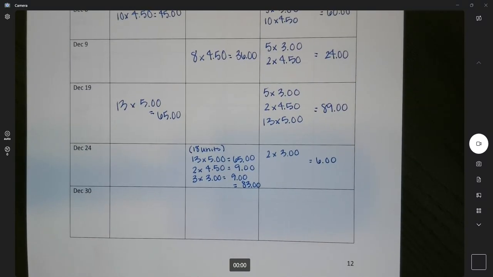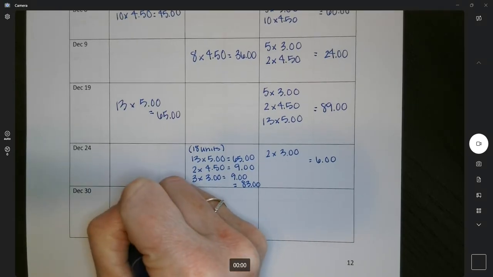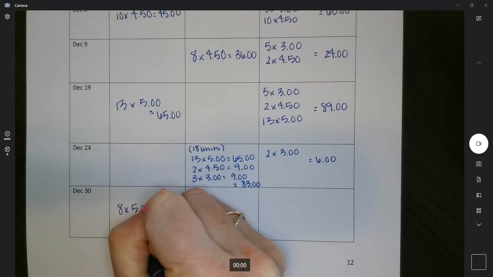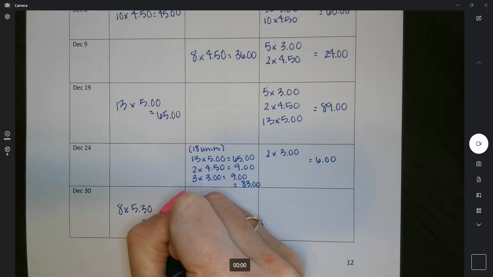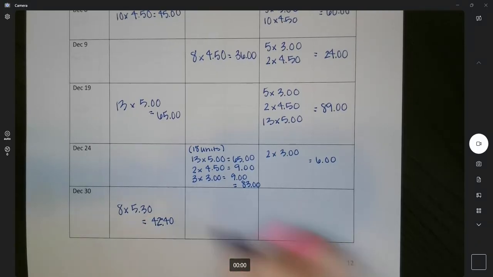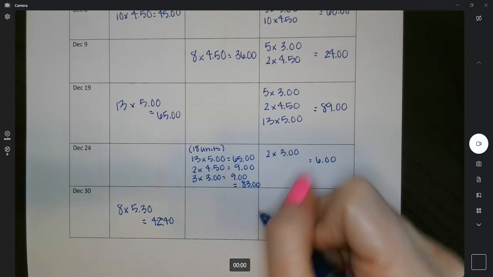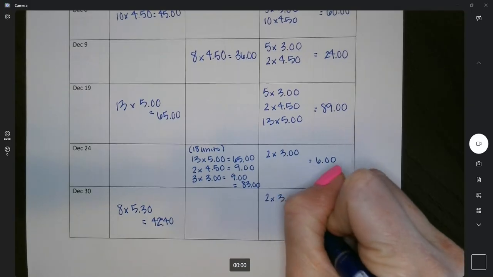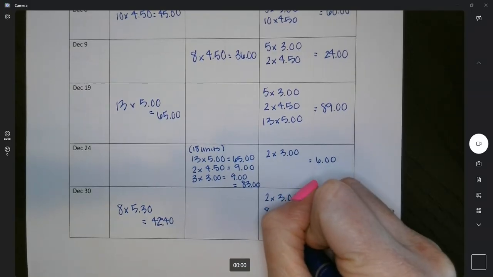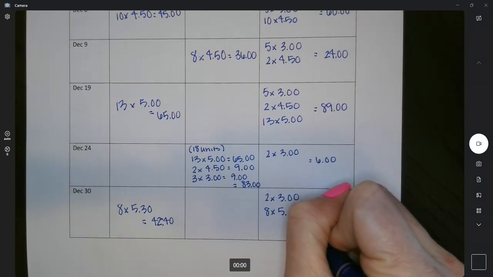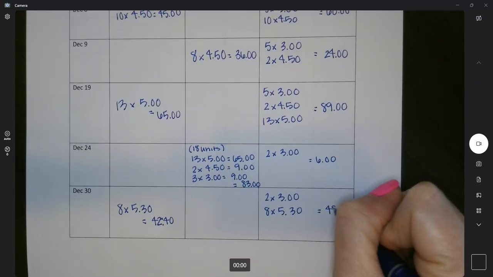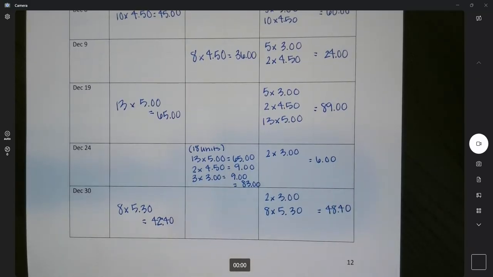Finally, on December 30th, we purchased 8 more units at $5.30 for $42.40. So ending inventory, 2 at $3 and 8 at $5.30. In total, we've got $48.40 in our ending inventory.